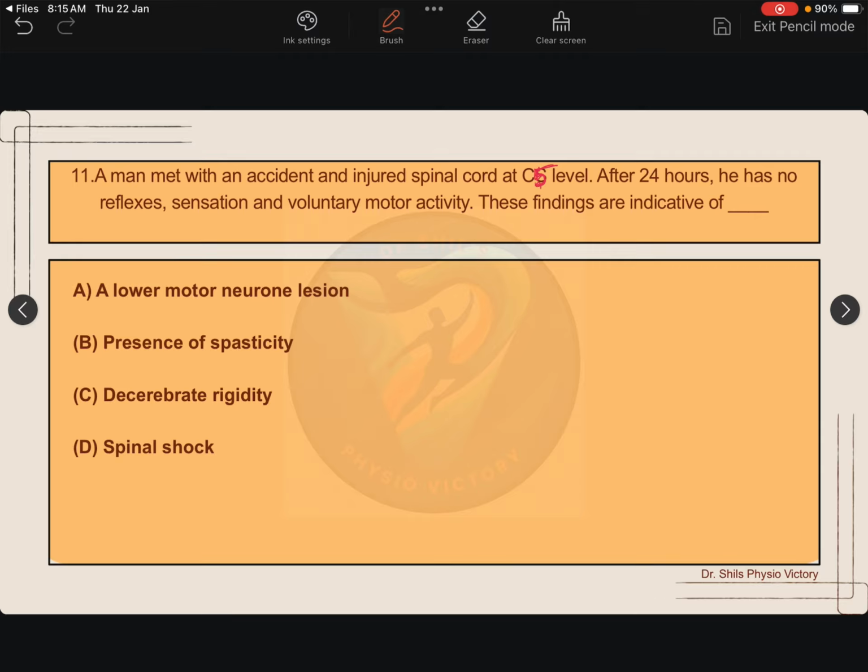These findings are indicative of option A, a lower motor neuron lesion, option B, presence of spasticity, option C, decerebrate rigidity, option D, spinal shock. So the clear answer is option D, spinal shock. Spinal shock is temporary physiological shutdown of spinal cord.